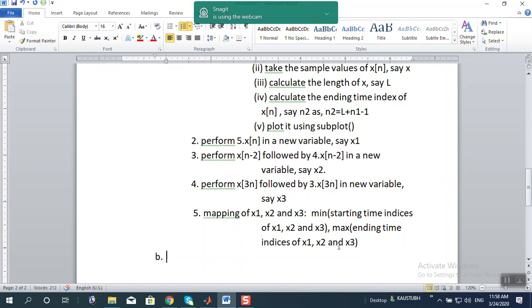So this minimum to maximum will be your new time scale.